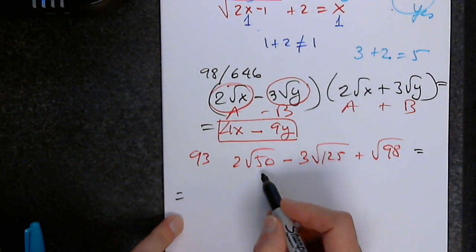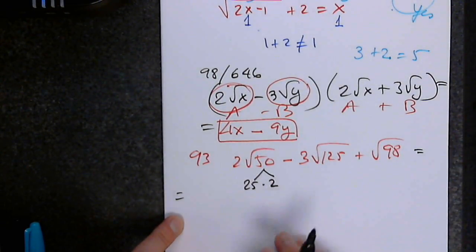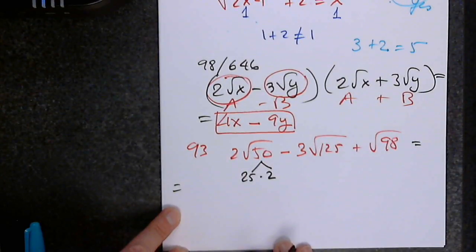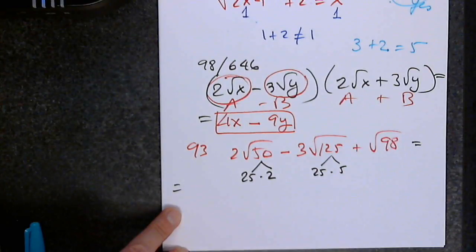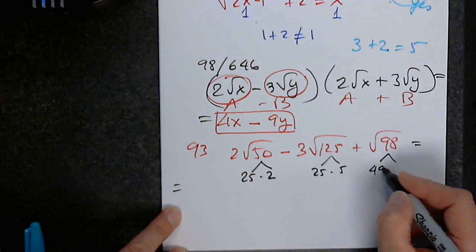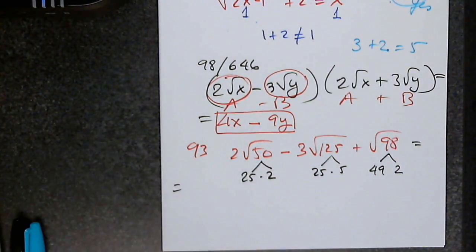So I know that 50 is 25 times 2. I know that 125 is 25 times 5. And I know that 98 is 49 times 2. And that's good enough.